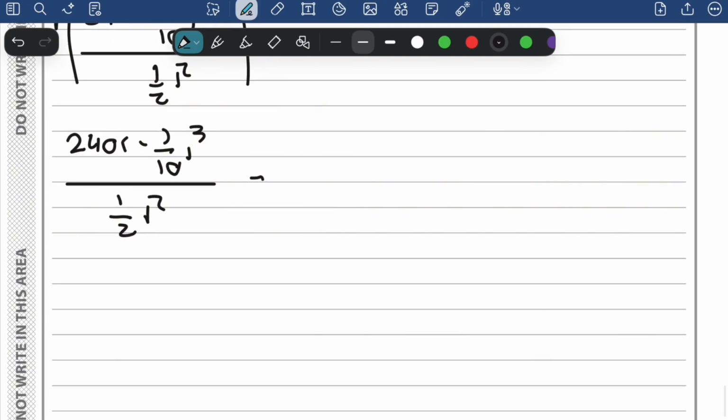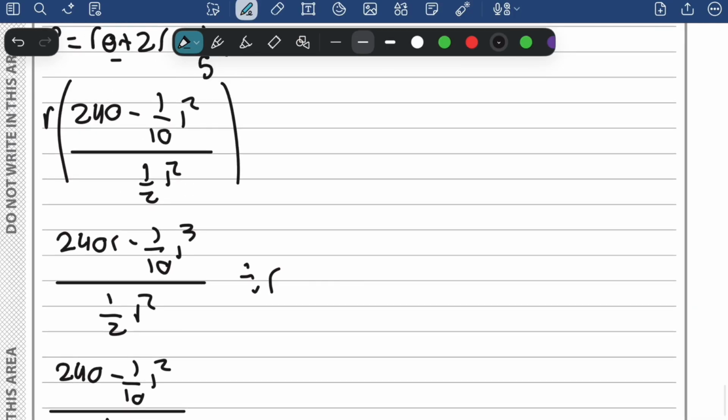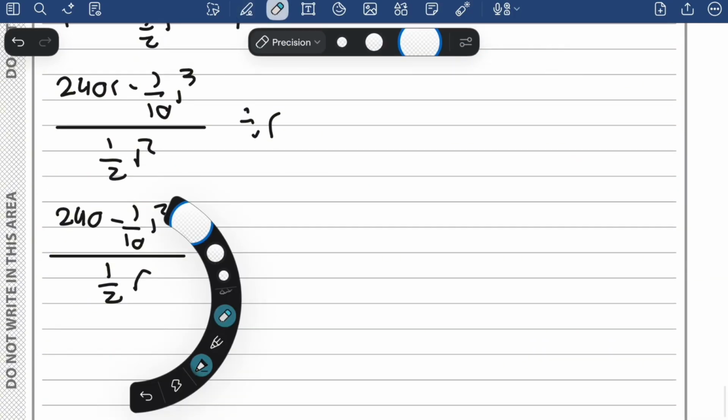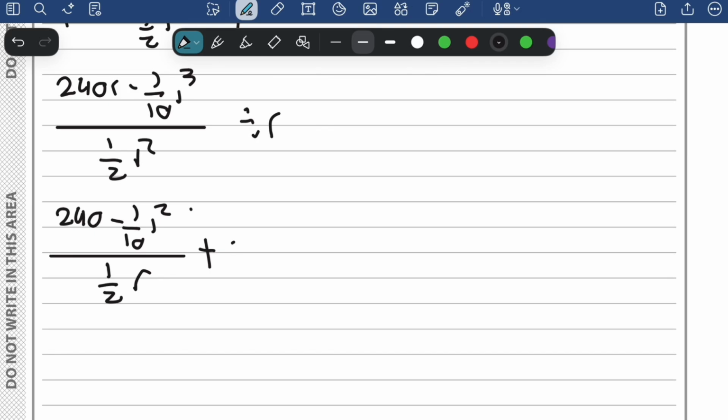Then divided by r to simplify it. We'll get 240 minus 1/10 r squared over a half r. Alright? And this is going to be adding on 2r and adding on a fifth r.